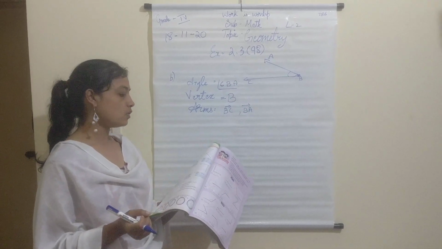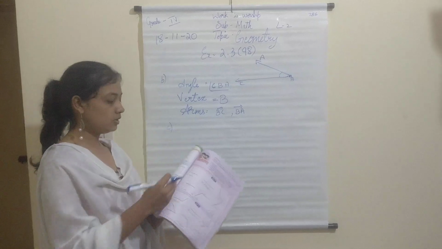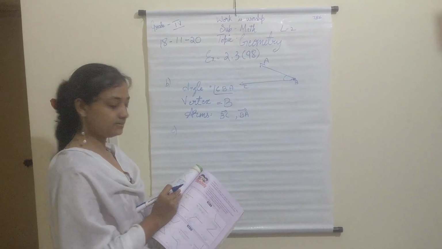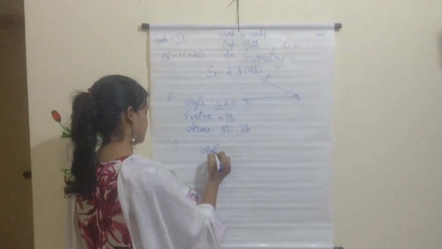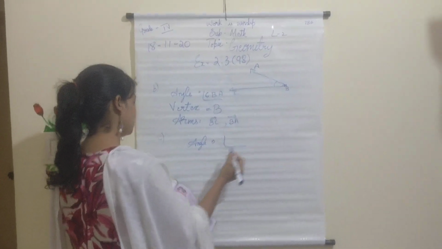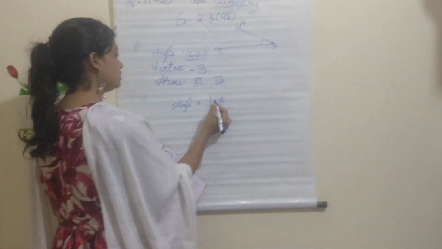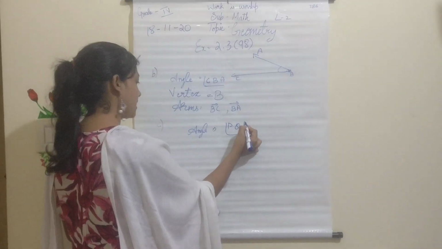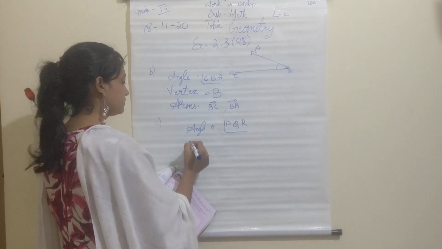So now let's go for the next question. Question C. So can you say the angle in that? The angle is the midpoint where this meets, it's Q, and the other two alphabets are P and R. So the angle will be PQR.